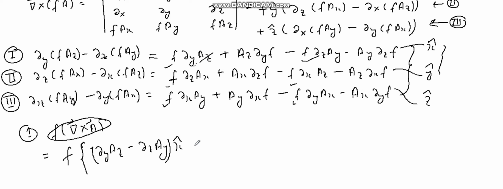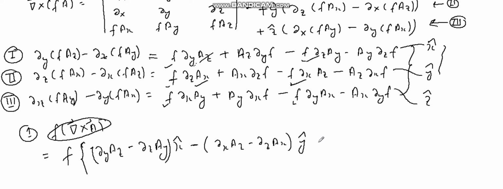Then again, for the minus sign, we take the minus sign out. In the second case we take these two terms, so we write del x az minus del z ax, times y cap.